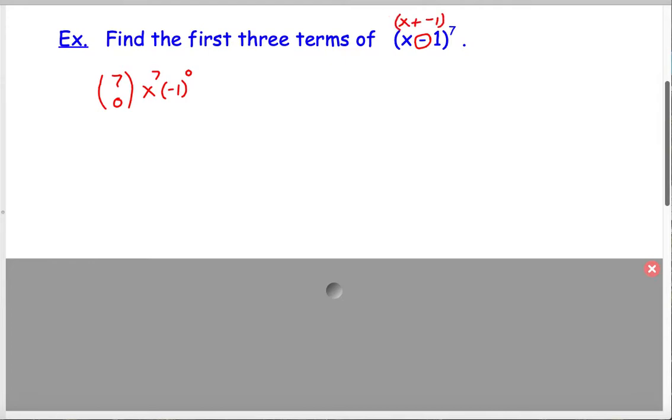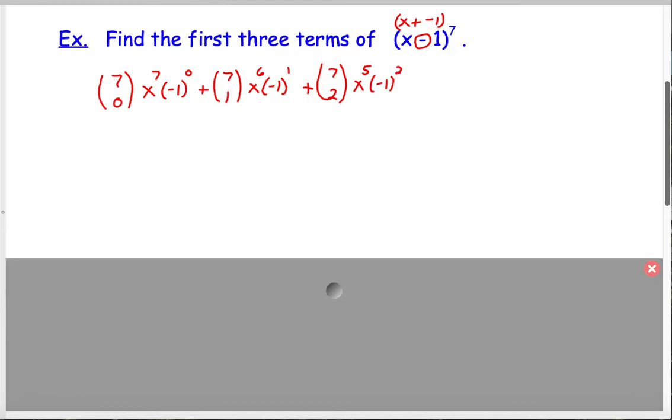Because that binomial theorem worked for a plus b, or x plus y, plus the first three terms. So the next term is 7 choose 1, x to the 6th, negative 1 to the 1st. And then the third term, 7 choose 2, x to the 5th, negative 1 squared.